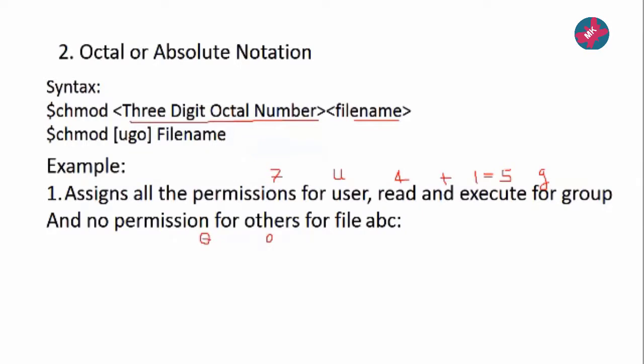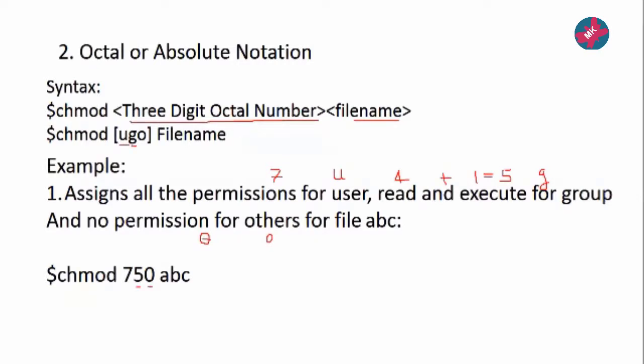So let us see how actually it is written. Now since in the syntax first U is to be referred, for U our permission is 7. For read and execute for G it is 5. And last for others 0 is there.